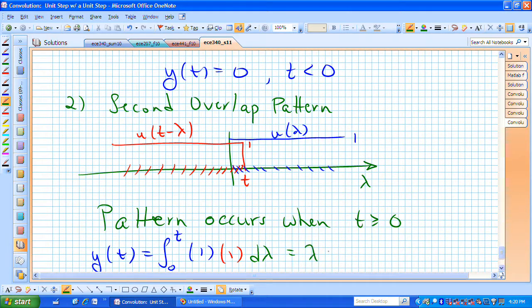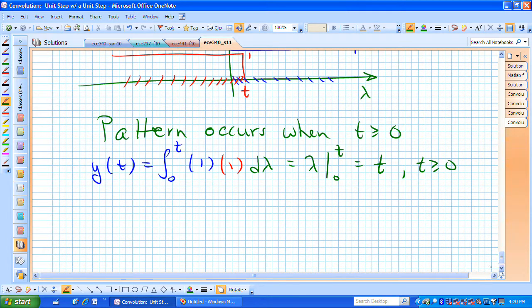That's now just lambda evaluated at 0 and t, and that becomes t for t greater than or equal to 0. Therefore, by doing the evaluation graphically, we found that y of t, our output, is a ramp of slope 1, so we have t for t non-negative, and it's 0 for t negative.